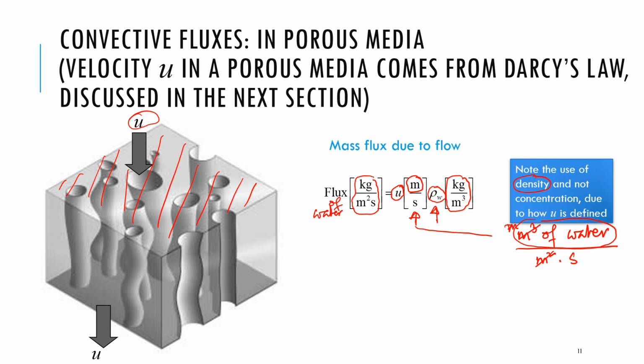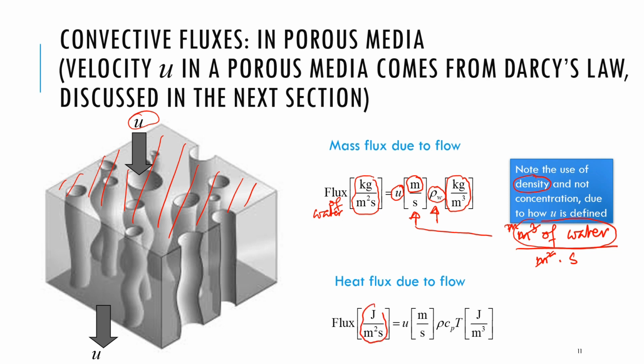In an analogous way, heat flux due to flow would be joules per meter square per second, and it will be this velocity times the heat content. Now notice that it's a multi-phase flow situation.